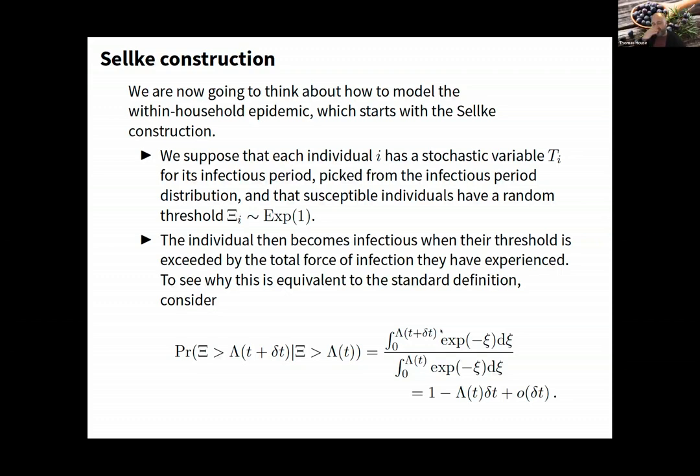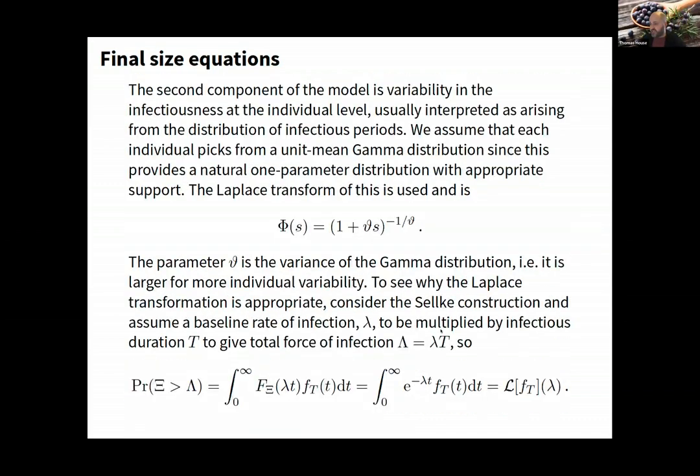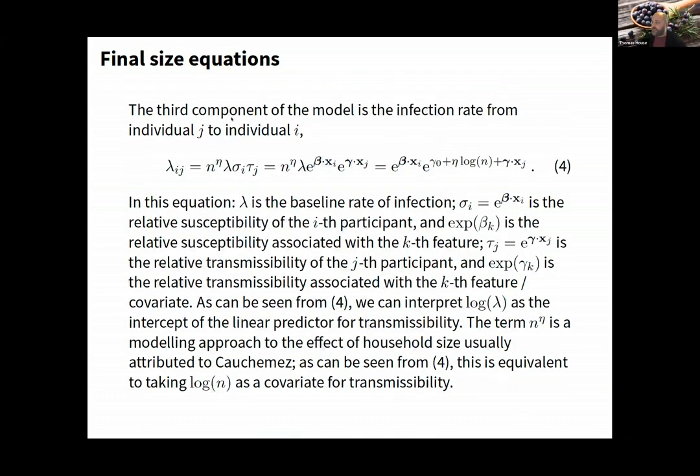Then we reduce that resistance deterministically according to the amount of infection about, and the person becomes infectious when their threshold goes below 1. You follow that through, and you get this set of coupled probabilities. The equation looks like this, and the reason the Laplace transform comes in is because of the Sellke transformations. You need the Laplace transformation of the distribution of infection times.